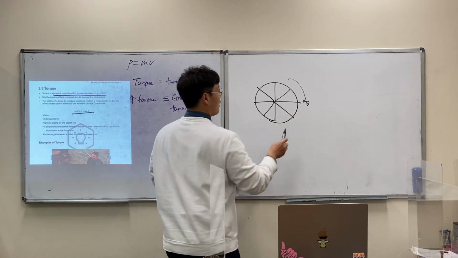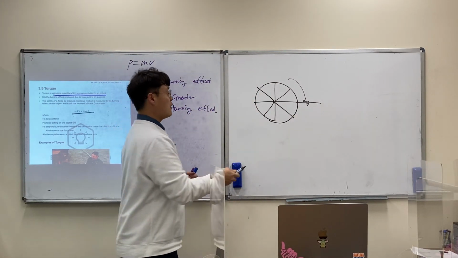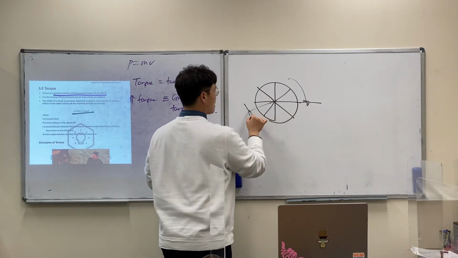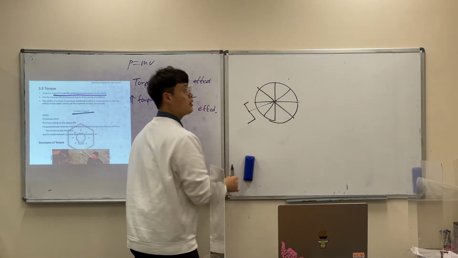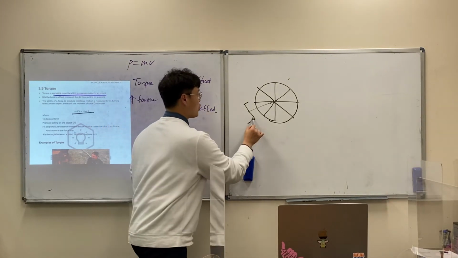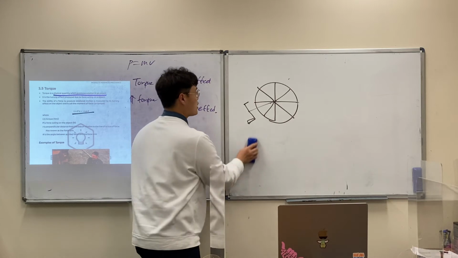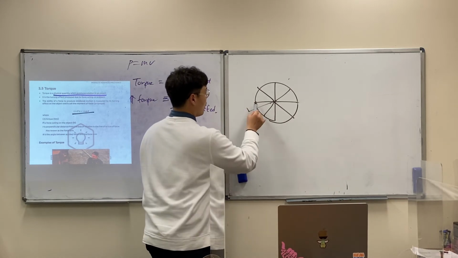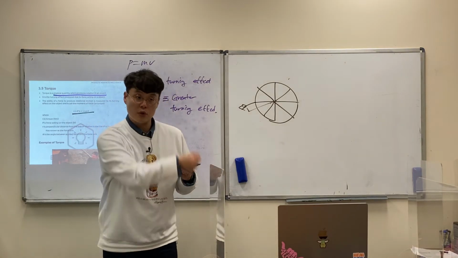If you have a handle here, you can manually rotate it. You can think of the handle as connected to the wheel. Can you picture that? You can hold that point over here and just manually rotate it.